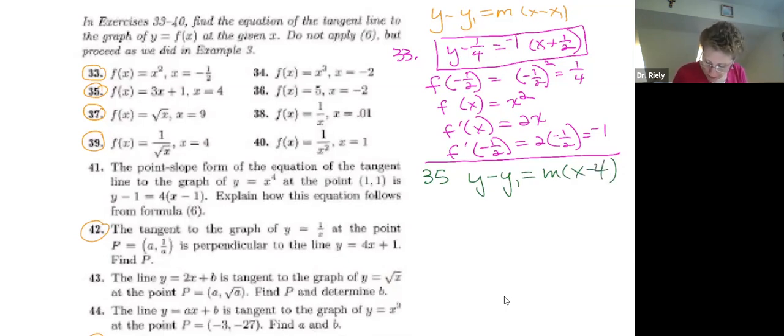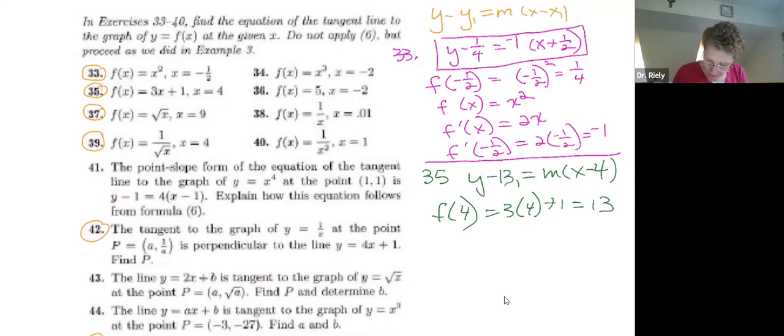Then I'm going to evaluate the function at 4, and that's going to be 3 times 4 plus 1, 12, 13. So I'm going to go back, and once again, do a little erasing. That was my y value, so I'm going to put a 13 right there.